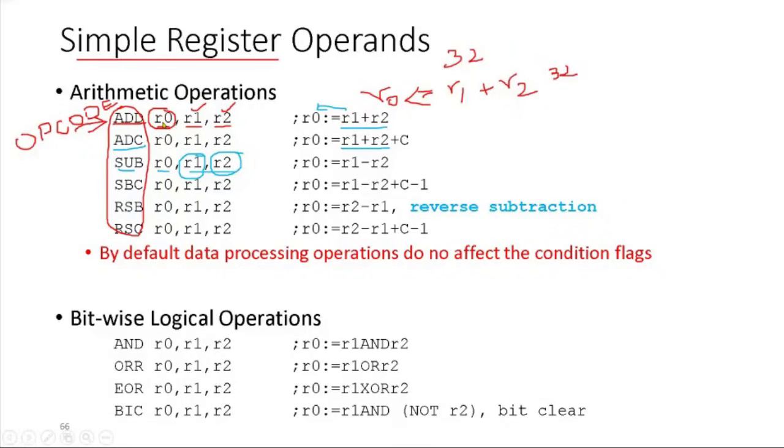We know, right? We have registers in a register bank, R0 to R15. A total of 16 registers are there. We can use any register in place of all these 3 positions. So 3 operands are there in all these instructions. RSC is reverse subtract with carry, so subtraction with carry. That we should see.